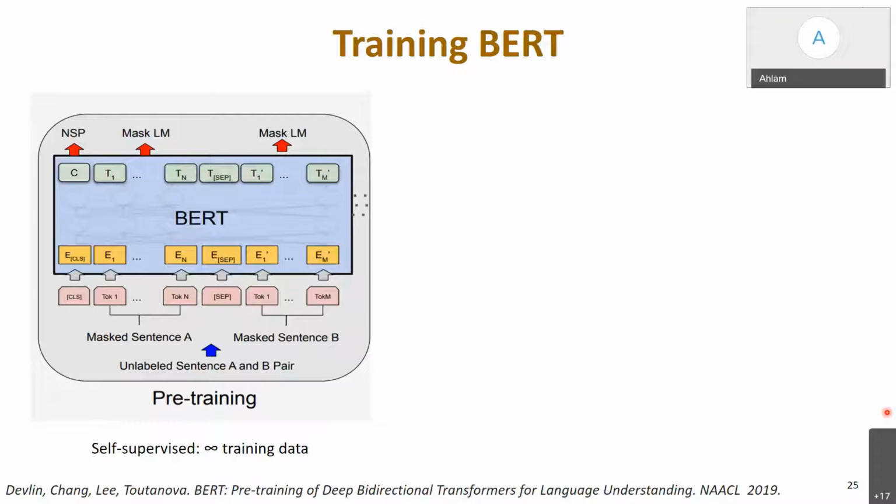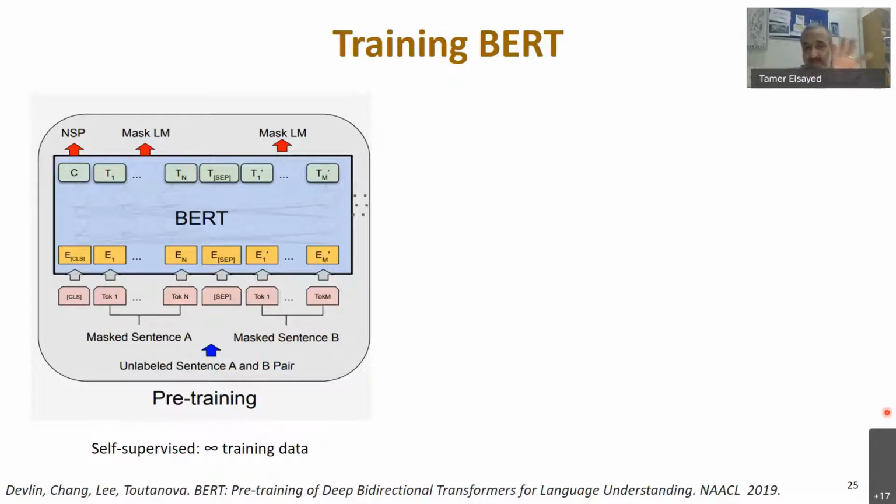Right. After pre-training, now we have the model. You can think of it as a very general model. It understands the structure of the language, but it is not specific to a task. So you can further train it. We call that fine-tuning for a specific task.